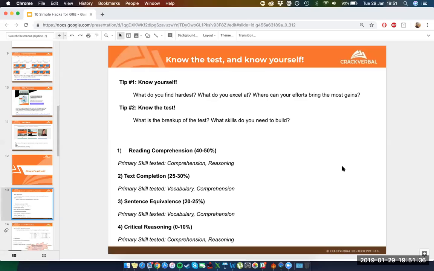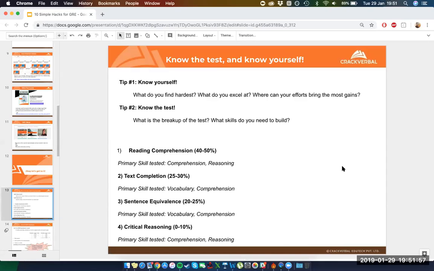And by the way, just so that we're on the same page, you can be scored in a section, either the verbal or quant section, on a scale of 130 to 170. Generally, that means you can get a total of anywhere between 260 and 340.